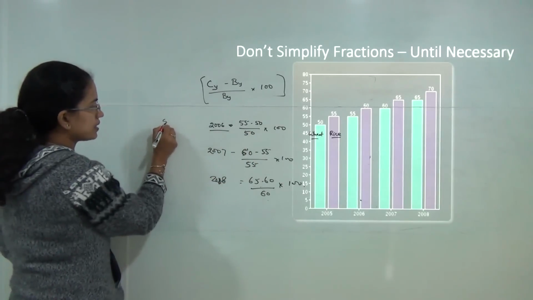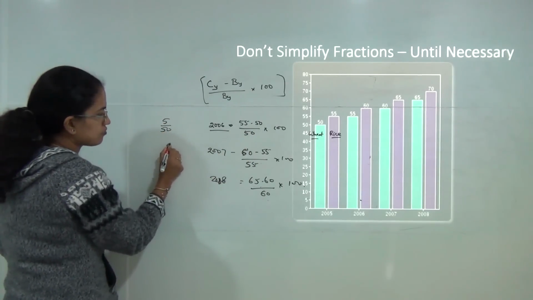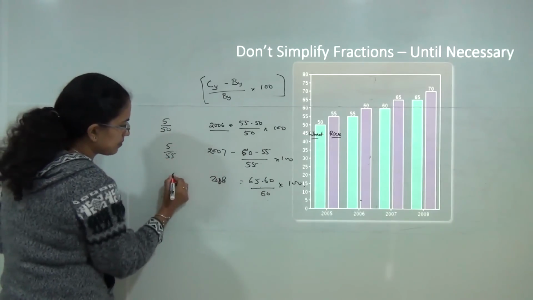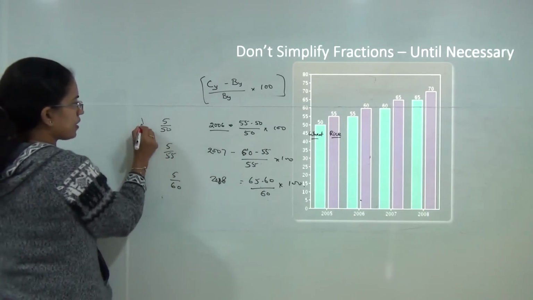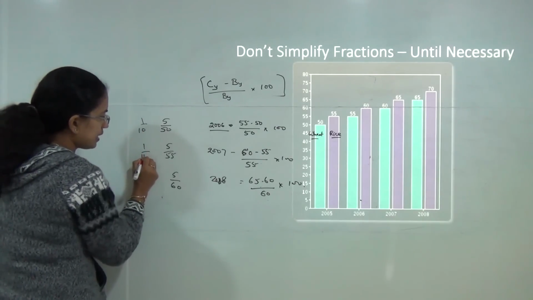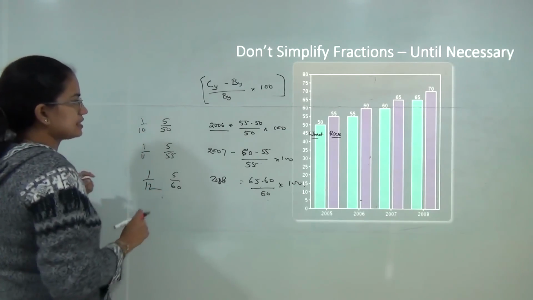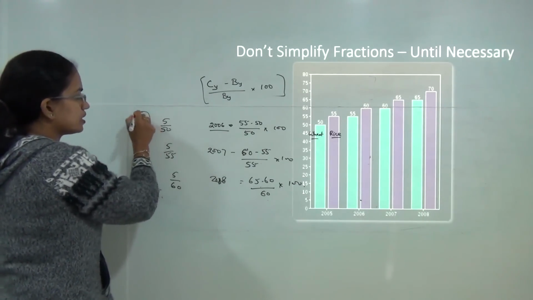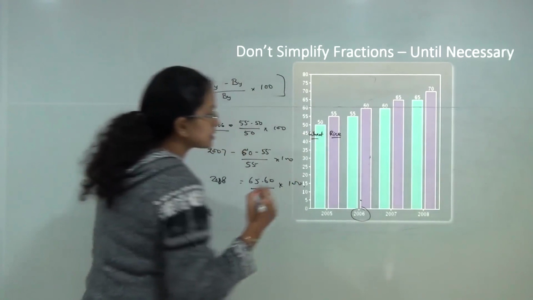Now if I simplify this, it would be 5 by 50, 5 by 55 and 5 by 60. Again simplifying, 1 by 10, 1 by 11 and 1 by 12. So I can say the highest production growth would be in year 2006.